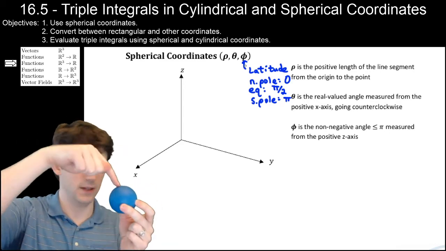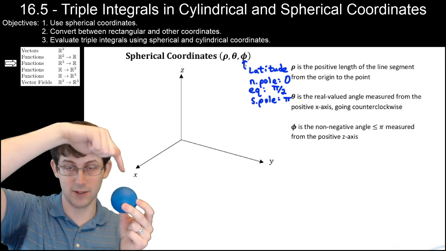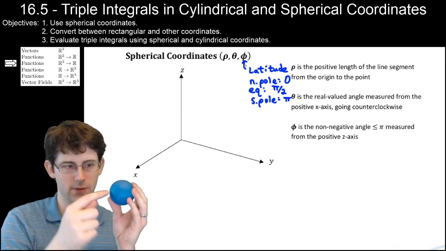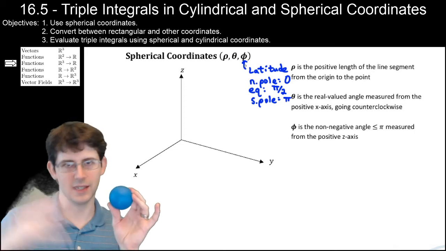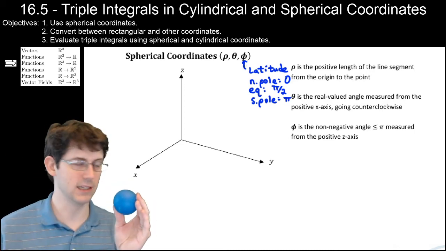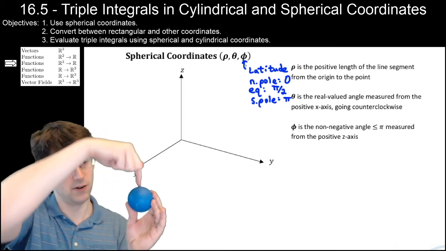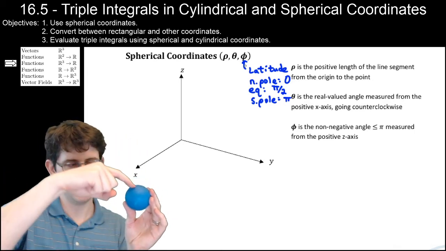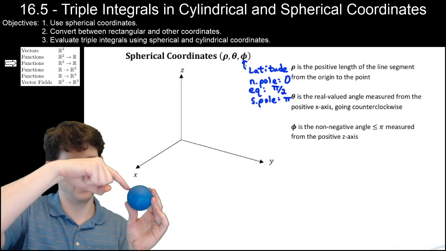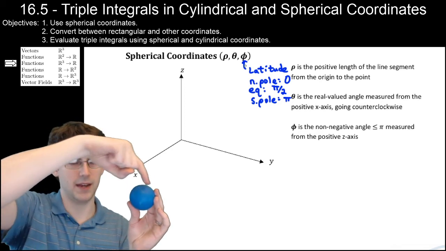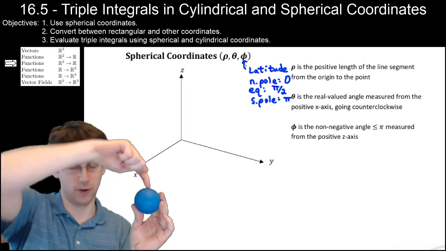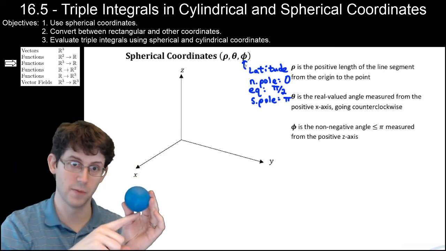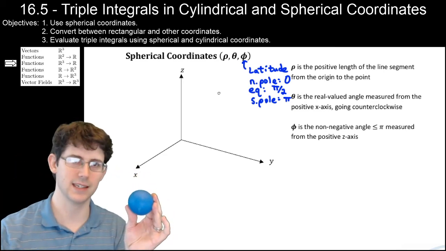The North Pole we'll declare to be latitude 0, even though the way actual latitude works, you'd say the equator is 0. But this is just how we will do latitude in spherical coordinates. 0 is the North Pole, and then everything along the equator is pi over 2. Up here, where we think of 45 degrees north, that would be 45 degrees, because it's 45 degrees from the North Pole. So you count latitude from the North Pole in spherical coordinates, and that's this phi.